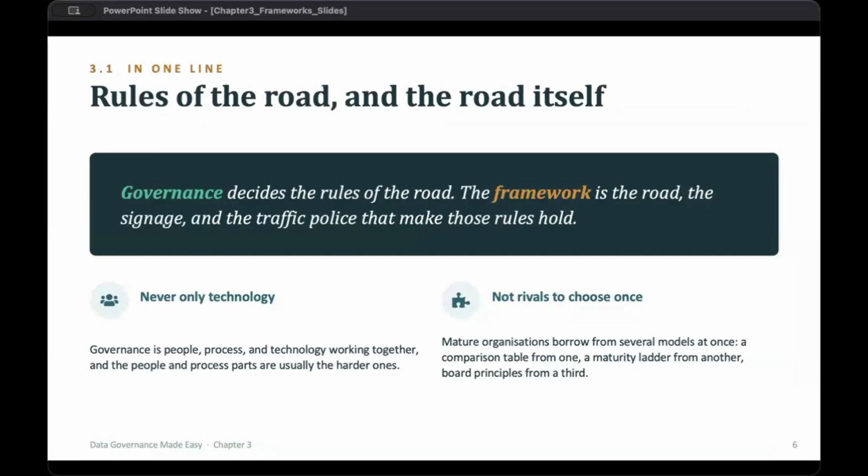The framework is the road that we are on, the signage that we see in physical format, and the traffic police that will enforce those rules. So governance is people, process, and technology coming together with specific rules to ensure that the data is governed, or that driving on the road is safe.